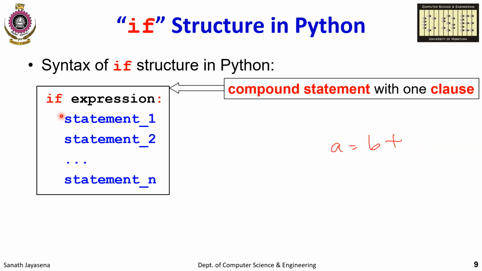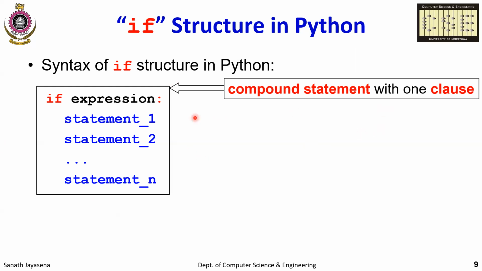This doesn't look like that, but still it is one single unit. Because it spans a number of lines and the whole thing belongs together, we can call it a compound statement.